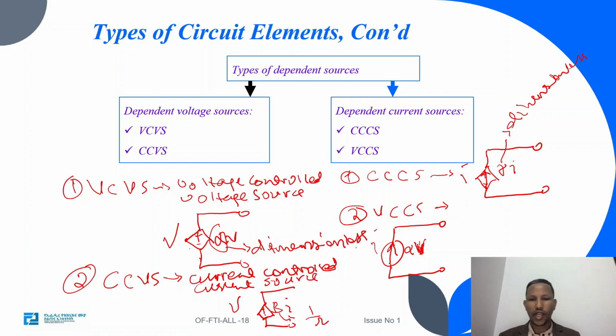So for the constants alpha and beta in the dependent voltage source, as well as gamma and alpha in the dependent current source, we need to determine the unit: under what conditions they are dimensionless, and under what conditions they have their own dimension.